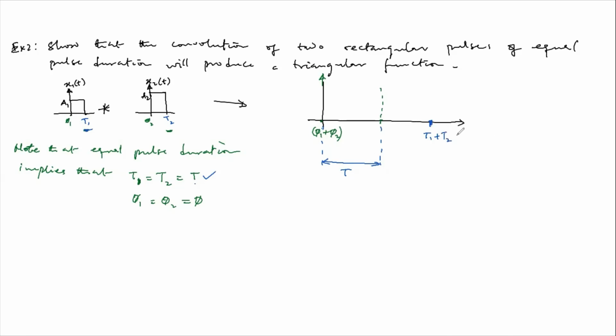And we know they are equal, so it's the same as t plus t, which is the same thing as 2t, right? At this point. Then, the apex point, which is going to take on value at this point, this is going to be the product of a1, this amplitude, times this amplitude, a2, times the time duration, t.